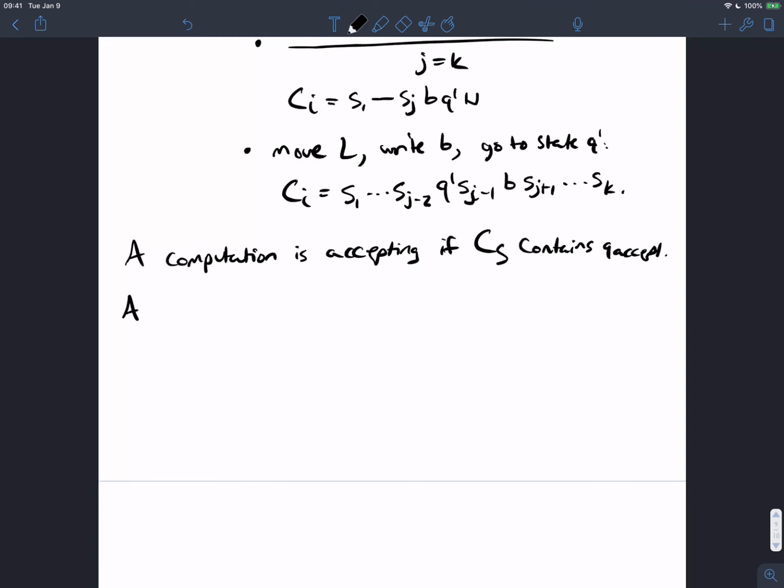All right, so then a computation is rejecting if CS contains Q reject. Okay, so if we land in Q accept at the end, we say that's an accepting computation, or we accepted the input from the beginning, and rejecting if we don't accept the input.